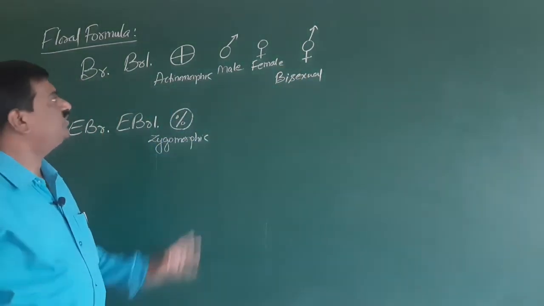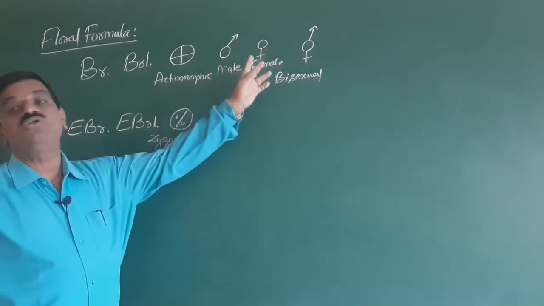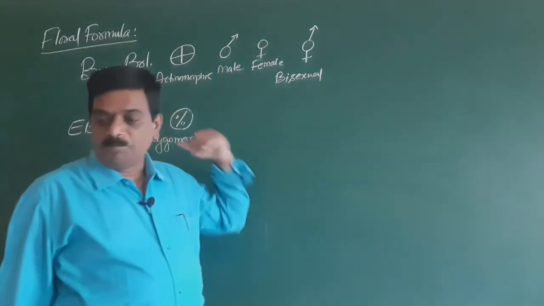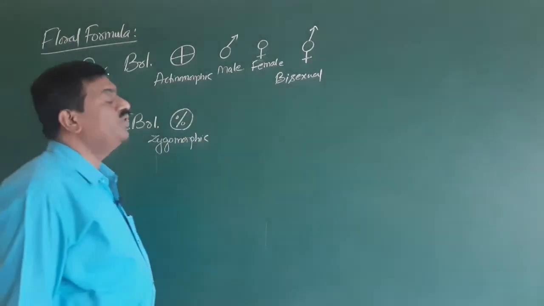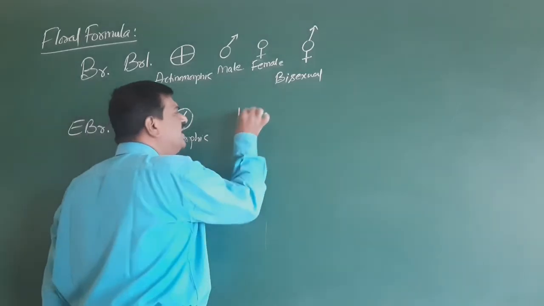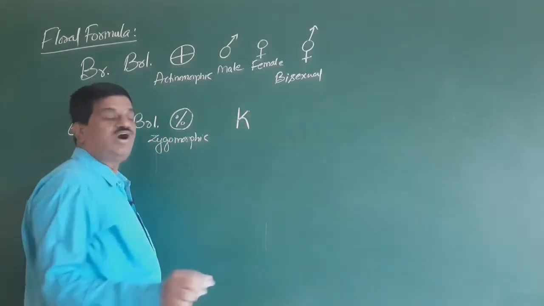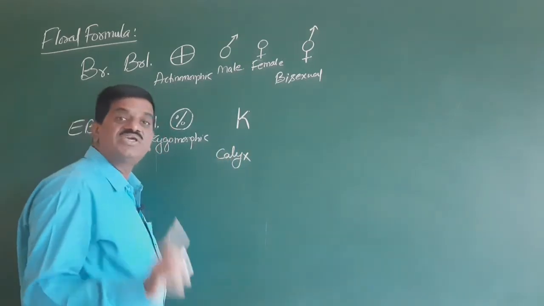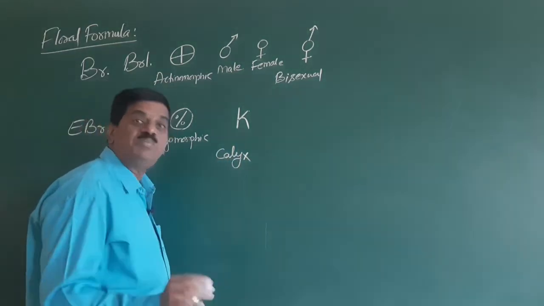Next, after writing the symmetry, we write the sex of a flower, whether it is unisexual or bisexual. After writing this, we are going to write the other floral parts. The letter K always stands for calyx. Here, how many sepals are there?